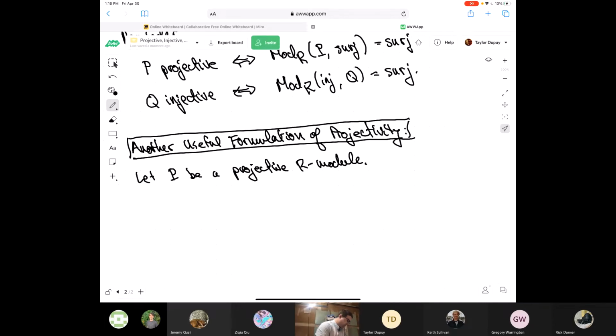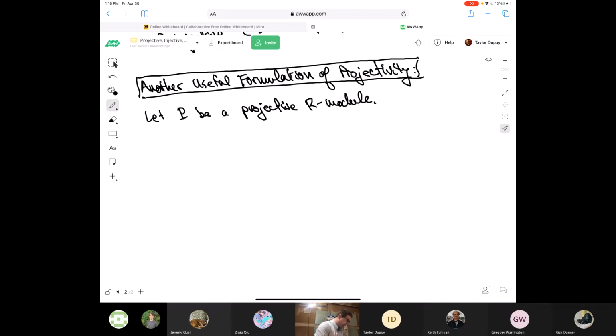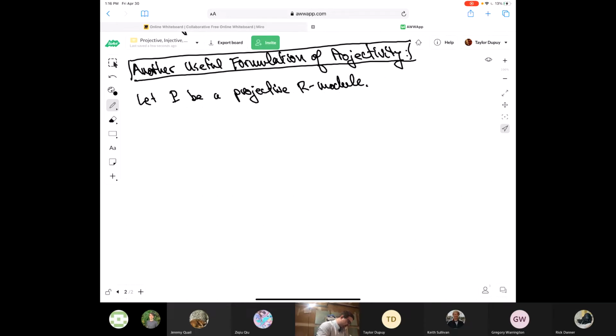What this means is that, given a surjection, a surjective map of R modules, we can just apply the functor represented by P to it.